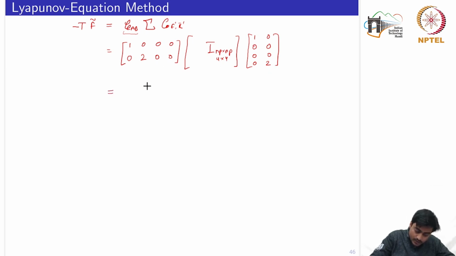Now if we see the product of all these matrices, it would be 1 0. So you see on the right hand side, we do not have a full rank matrix, though all three individual matrices are of full rank. So we cannot ensure that the T matrix would be a non-singular matrix. That's why this is only a necessary condition, but not a sufficient condition.